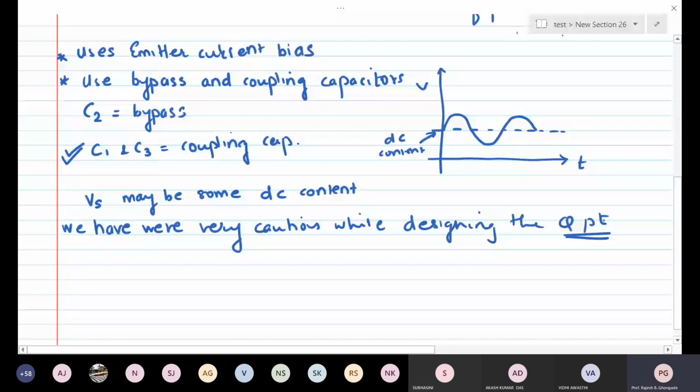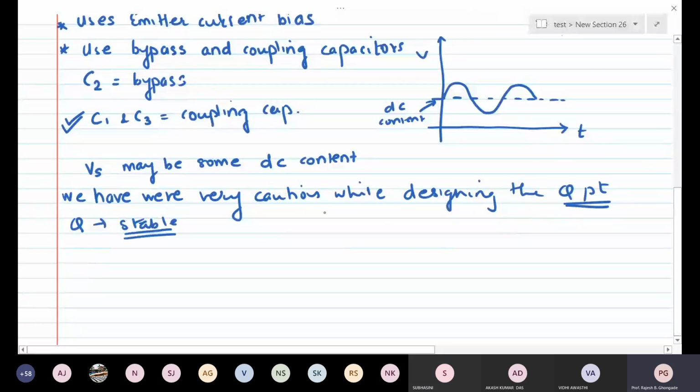We said that the Q point should be stable. And if the Q point changes or shifts, what is going to be the problem? We already know. So already we have VCQ and ICQ set very cautiously.